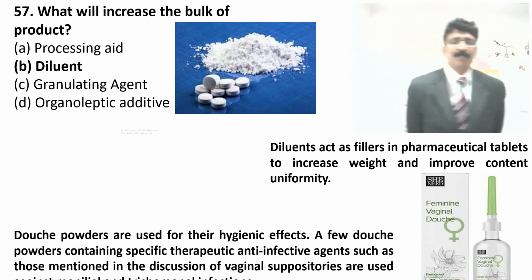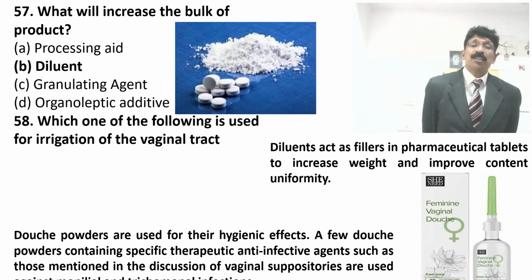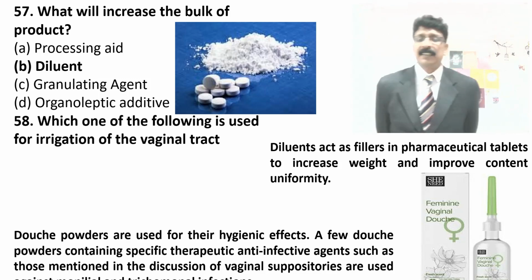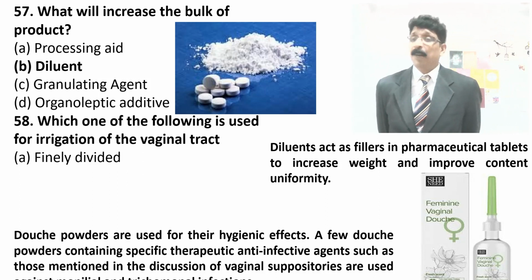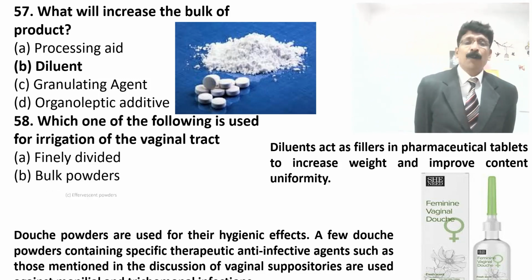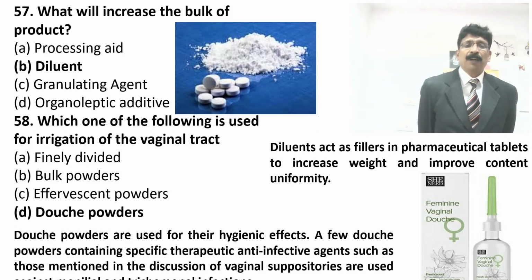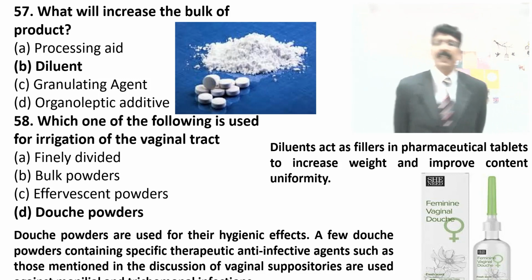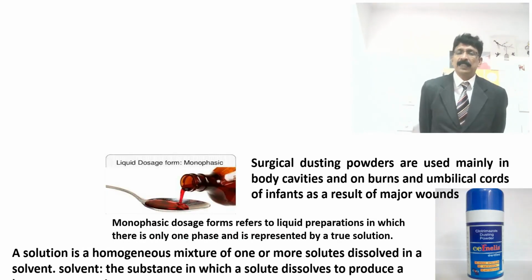No. And which one of the following is used for irrigating or cleaning the vaginal tract? Finely divided powder, bulk powder or effervescent powder? No. Douche powder. A douche powder has a hygienic effect and can be used for vaginal cleaning.